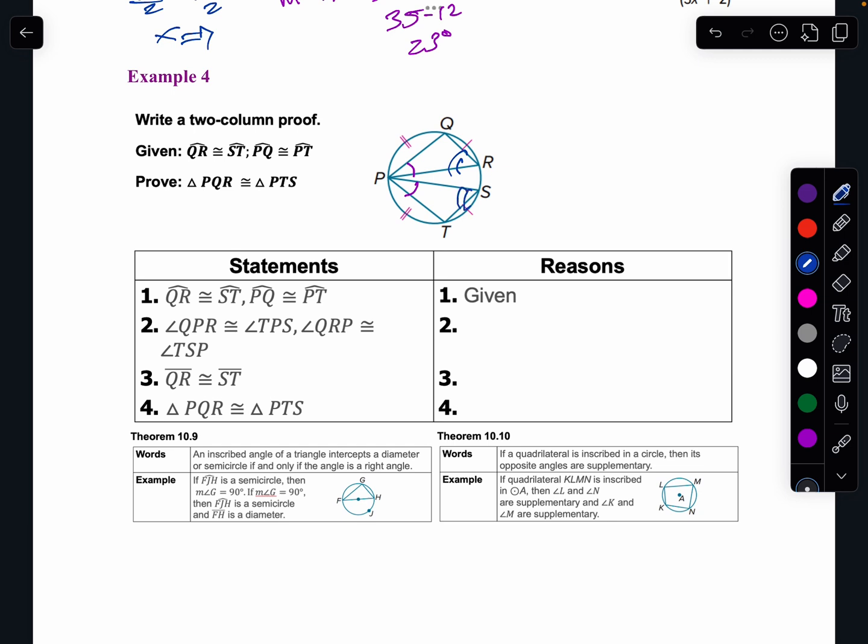That is our new theorem that we just learned: congruent arcs have congruent inscribed angles.